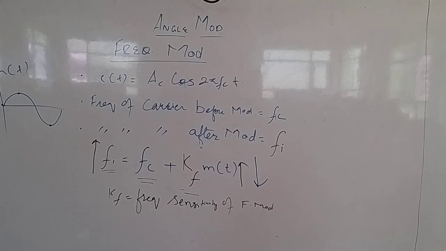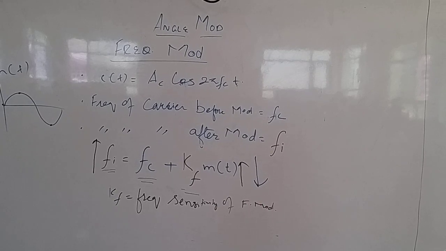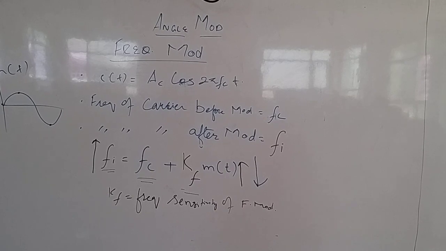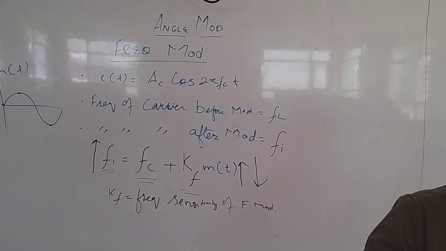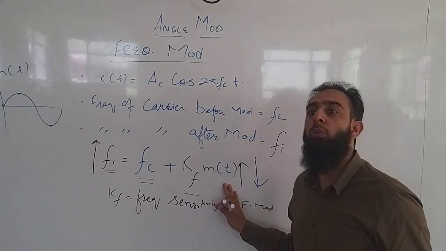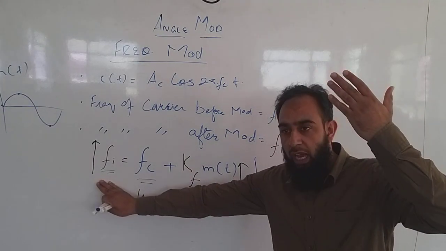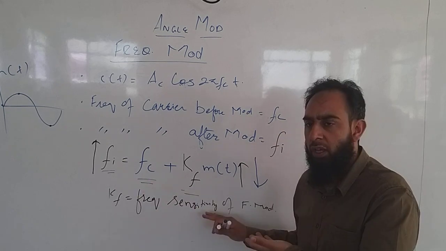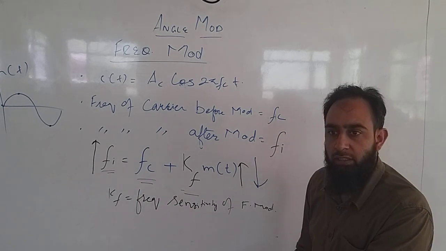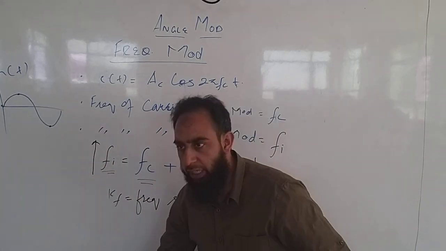So it is also called as voltage to frequency conversion. Do you get my point? So it is basically a voltage to frequency conversion. When we have high voltage of f of t, we have high frequency. Fi will be high. Simple, based on the equation. When f of t will decrease, Fi will also decrease.